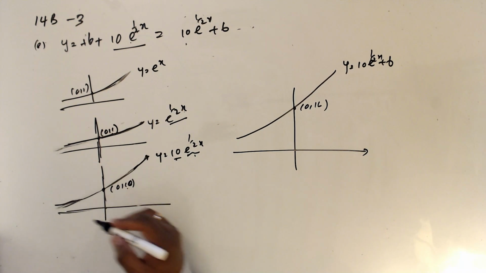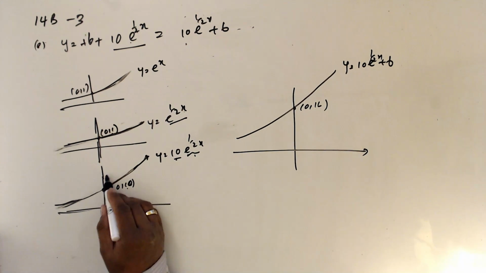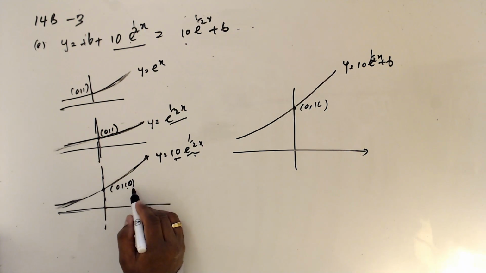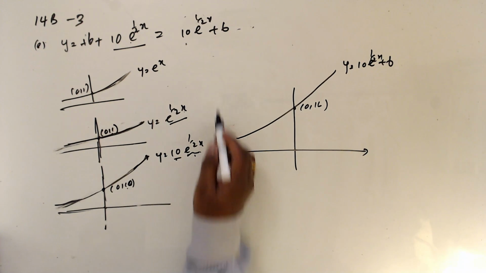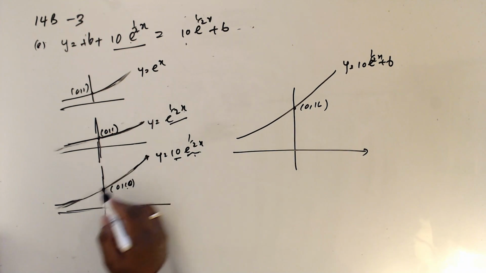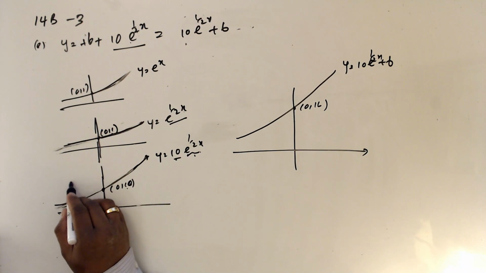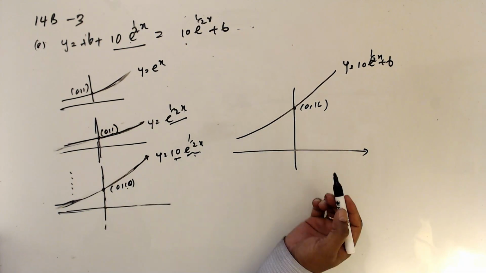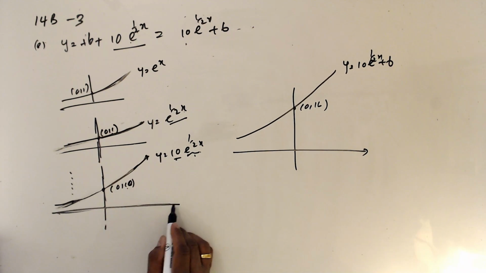It's a translation. Every point I need to shift by 6. So this point is (0, 10), move 6 more. This point is here, so I want to move 6 units, so it is here. And this is the horizontal asymptote.